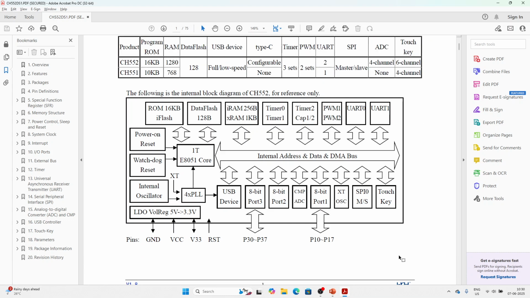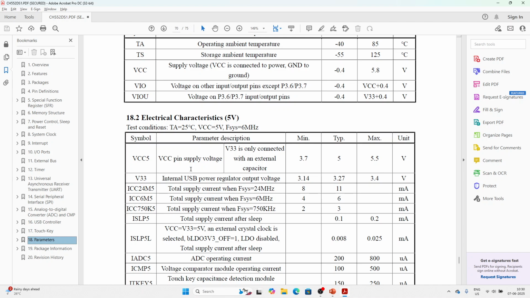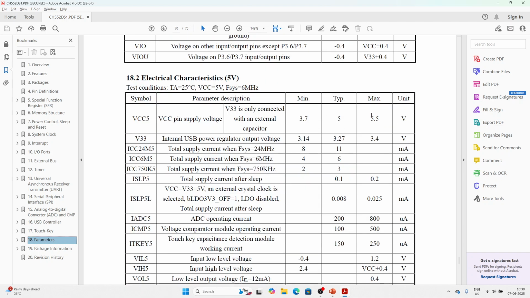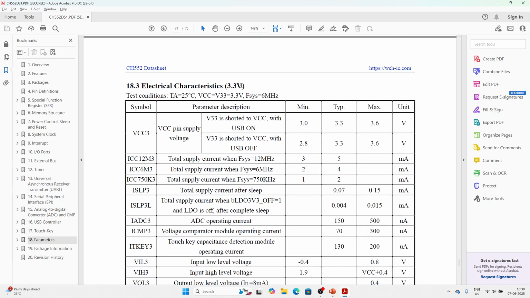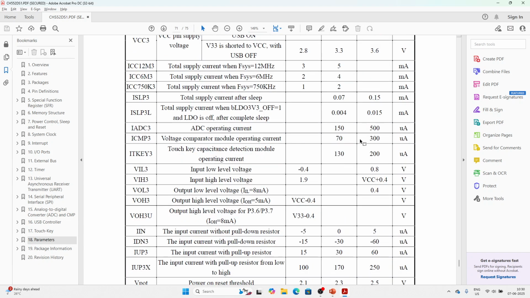So this particular diagram here gives us LDO requirements, voltage regulator 5 volts to 3.3 volts. Earlier we had seen in the electrical characteristics the maximum voltage that we can provide it as 5.5 volts, a stable 5.5 or even 3.3 volts, right?